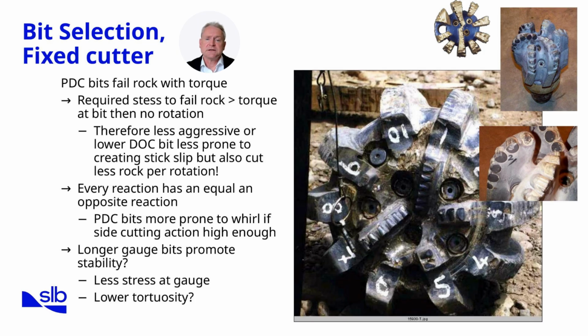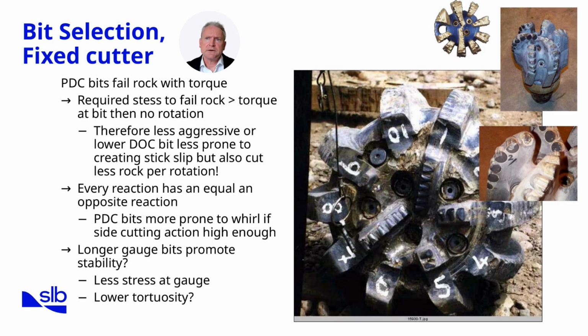Another factor to consider is the reaction forces generated by the bit. Every cutting action creates an equal and opposite reaction. In the case of PDC bits, this often means that high side cutting forces can cause whirl, where the bit moves eccentrically instead of rotating smoothly. Longer gauge bits can help reduce this risk as they distribute stresses more evenly along the gauge and promote directional stability.